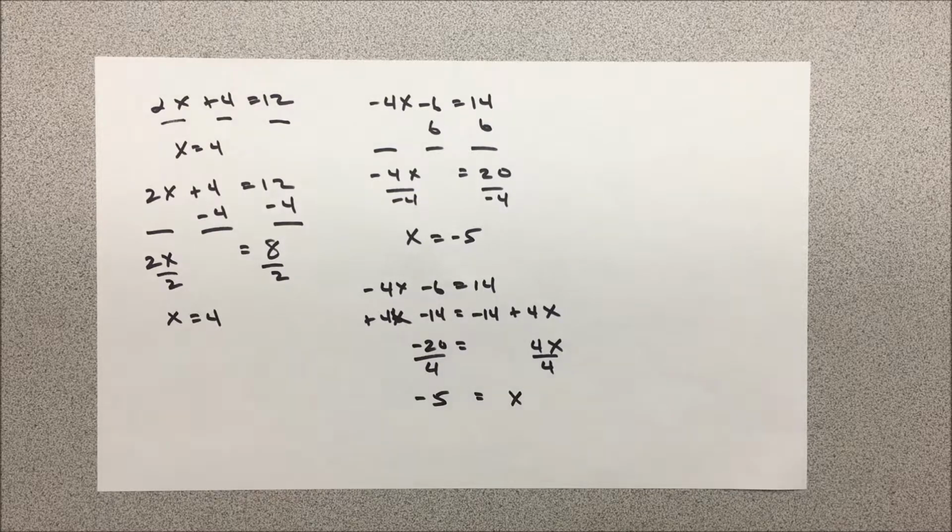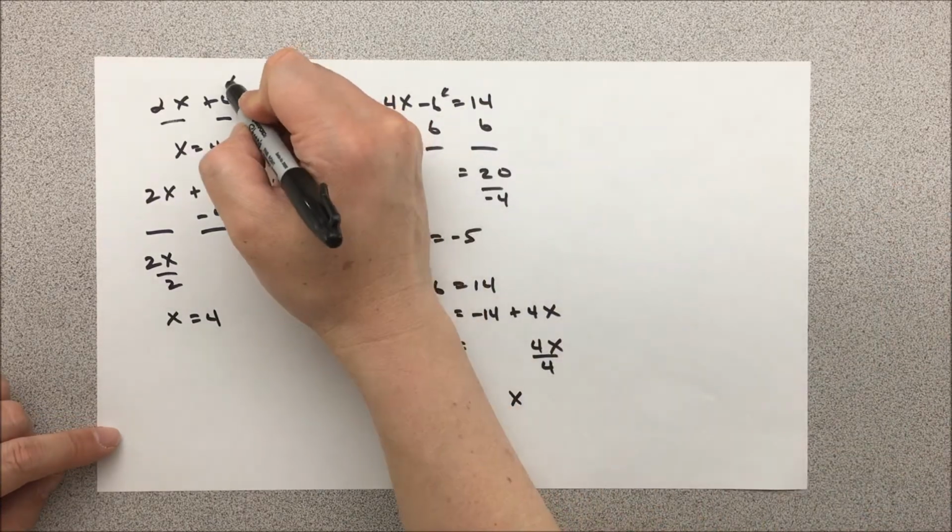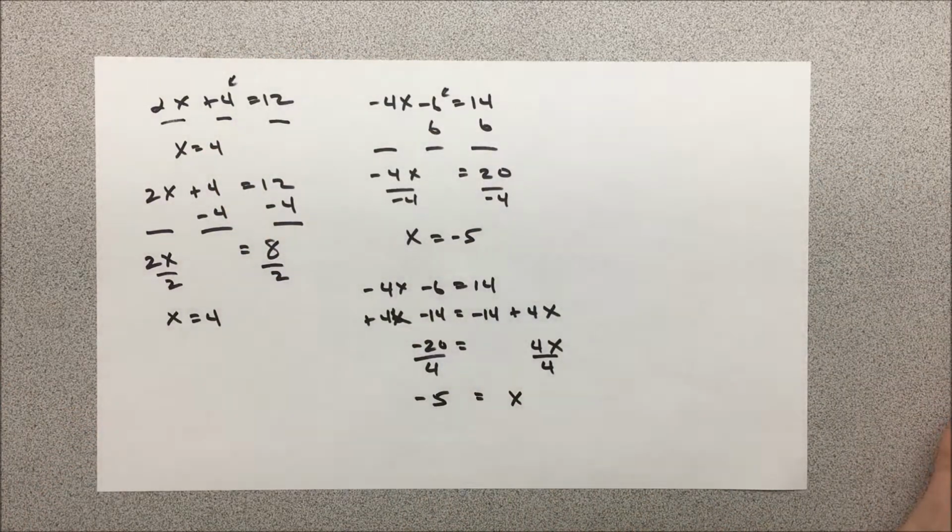It isn't a difficult concept, but isolating the variable doesn't make sense with some students. So sometimes I say that we have to make the variable lonely or by itself. I've heard some teachers call it getting rid of the hitchhiker, that this number or this number is a hitchhiker.